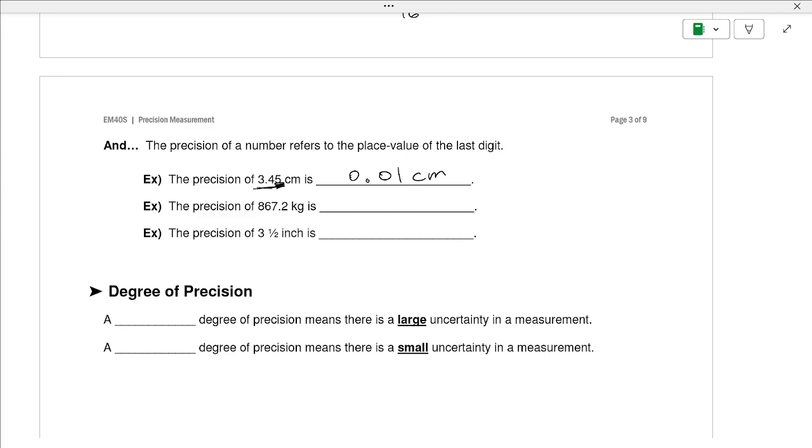This is the place, that 5, where I am the most precise with that measurement. If I had 867.2 kilograms, my precision is 0.1 of a kilogram. If I tell you that I've measured something and it's 3.5 inches, my precision is a half an inch. Or, if you like the little apostrophes, half an inch.